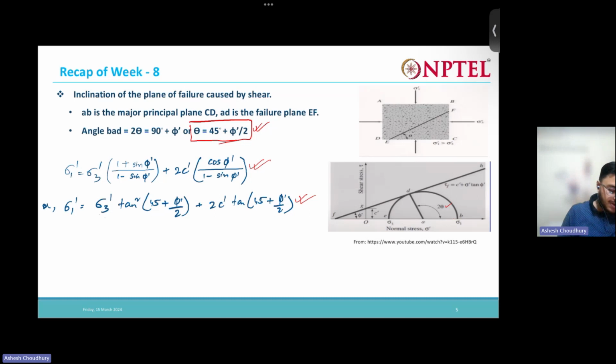Also remember this term, tan square 45 plus phi by 2. We will be encountering this term in later chapters, mostly in the case of retaining walls. In the earth pressure theories we will again encounter this term, tan square 45 plus phi by 2.